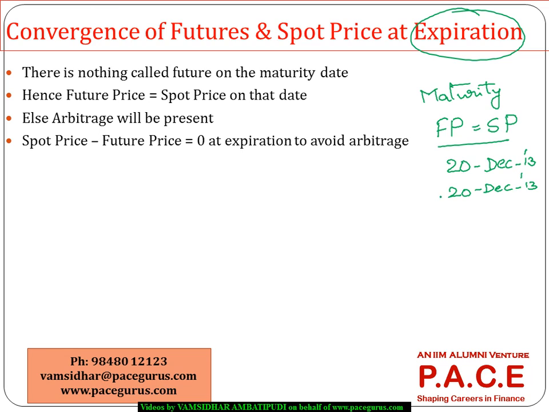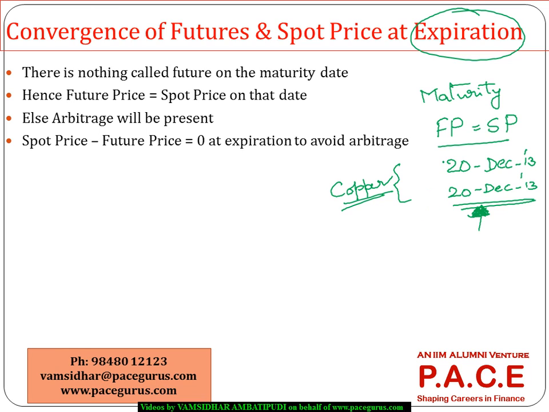What is the spot price of that asset? Let's say the underlying asset is copper, any metal. The spot price of copper is the price for delivering copper on 20th December 13.